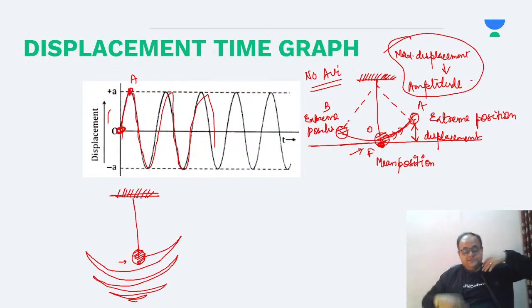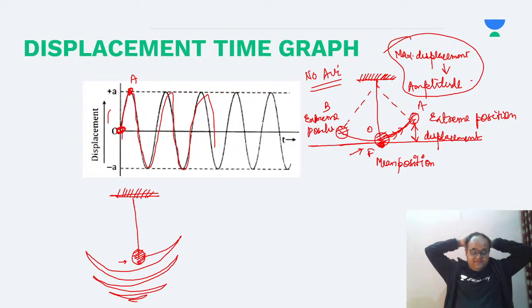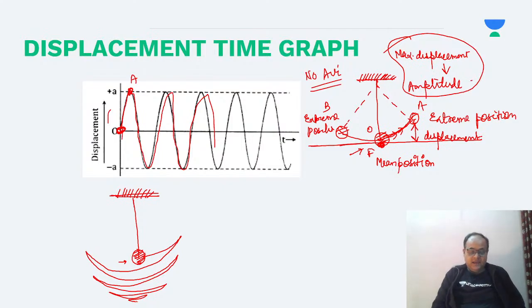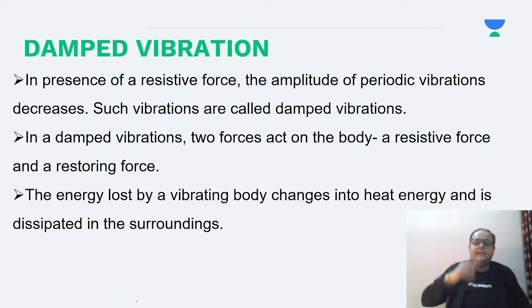See, let me explain. There is air, or maybe any medium. It's not necessary that the pendulum is moving in air only. We can have this motion in any arbitrary medium having different refractive indices. What I'm trying to say is, the medium here creates a resistive force. I'm talking about damped vibrations.